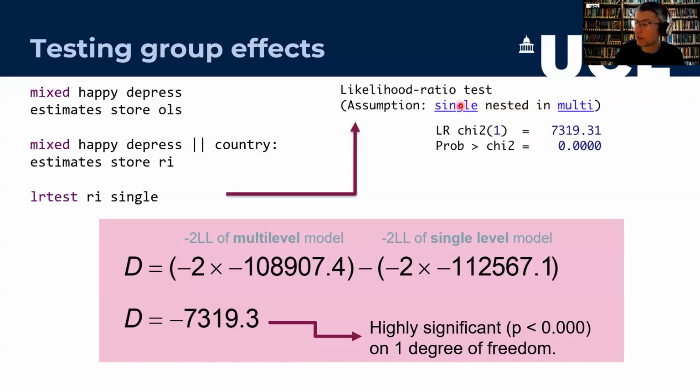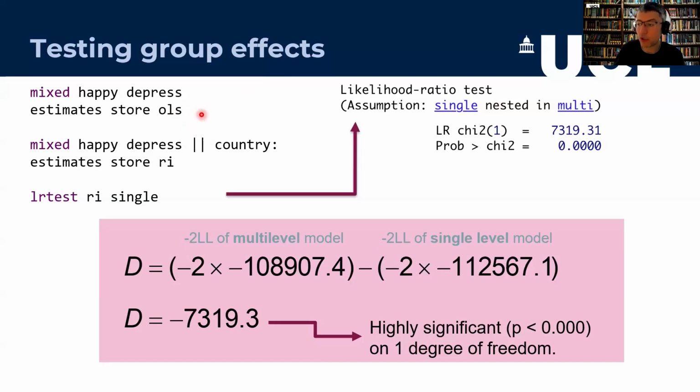Usually the assumption is that the simpler model is nested in the more complex model. So whenever you have a p-value that is less than 0.05, we would conclude that there is strong evidence against the simpler model.